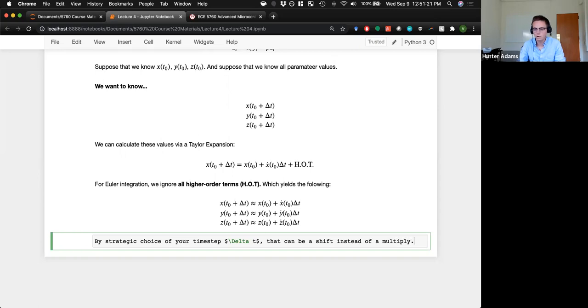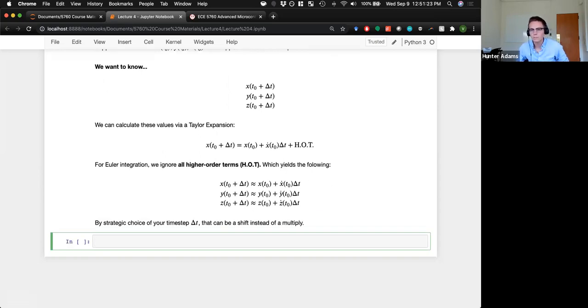It'll be some small number, and we can talk about the appropriate ranges of options for numbers to choose for delta t. But if you make this time step delta t a power of 2, then instead of using a multiply here, when you implement this in Verilog, you can instead use a shift. Okay.